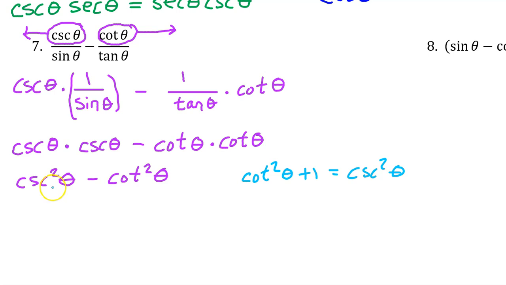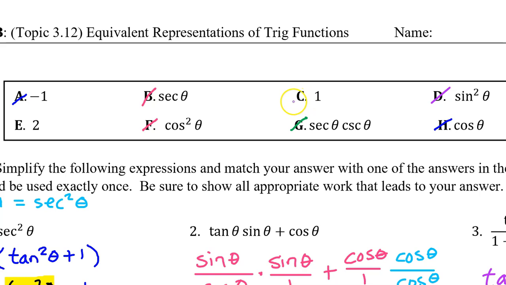I want cosecant squared theta minus cotangent squared theta. So let's subtract cotangent squared theta from both sides of this identity. That will leave 1 is equal to cosecant squared theta minus cotangent squared theta. So if we make this substitution, we are done. So this expression is equivalent to 1. And that is answer choice C.